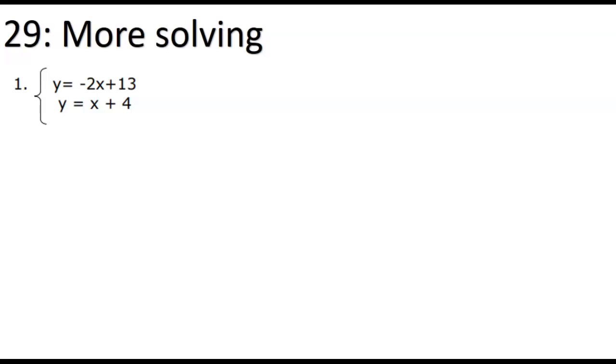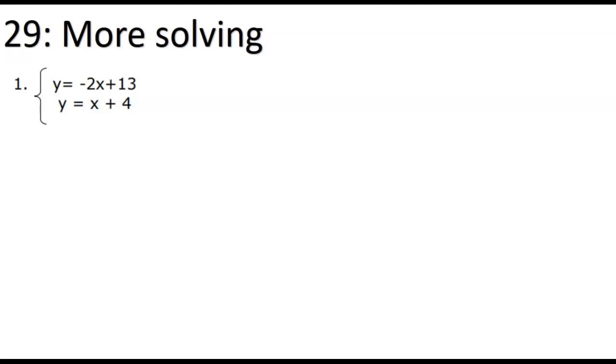I need to get the x's together. Please remember that's a 1x. I need to add 2x to both sides. What does that do to this part right here? That cancels this out, and over here I have 3x plus 4 equals 13.